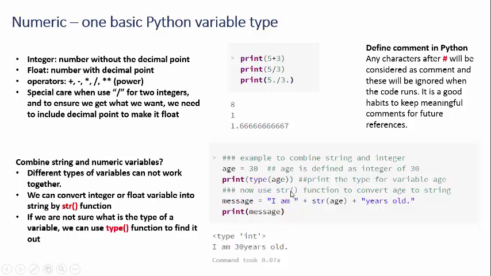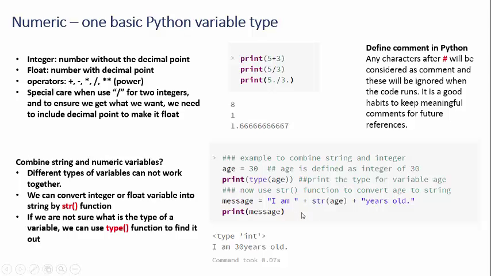And then I want to print out a specific message, which has some string here and some string here, but in the middle, it is something from the variable itself. So I use the str function here to convert the numerical 30 into the character 30, and then I have a variable called message, which combined 3 strings together.